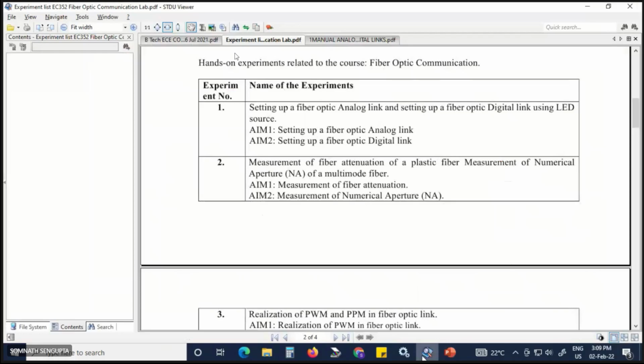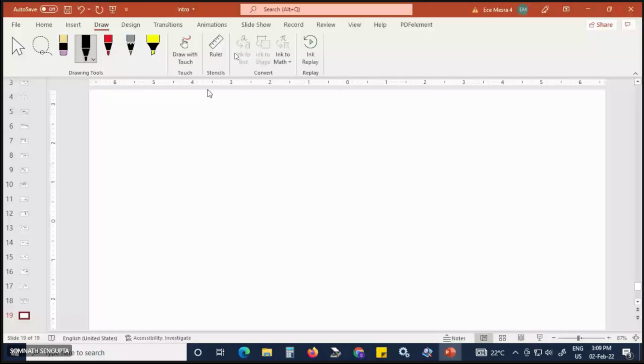In this case, the digital link will transmit only digital signal, and maybe there is change in the transmitter and receiver circuit.